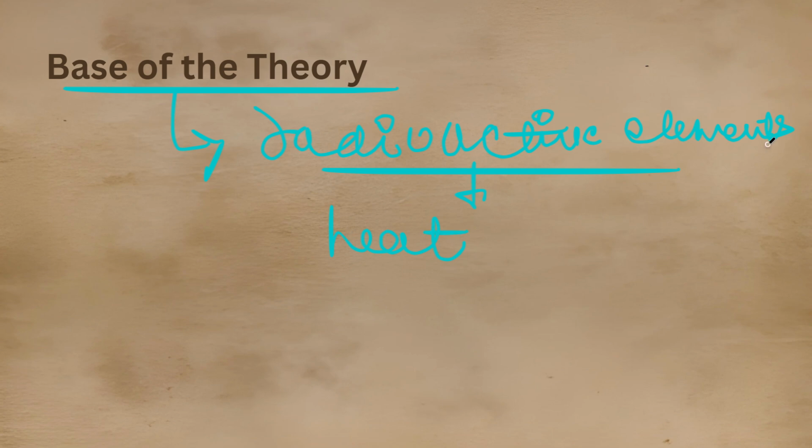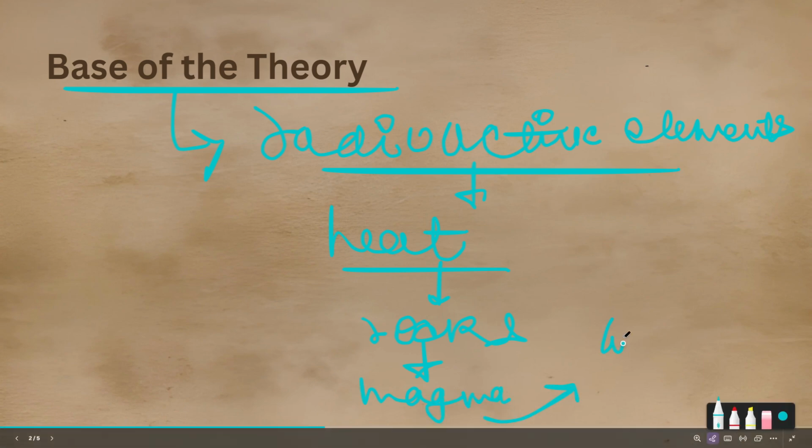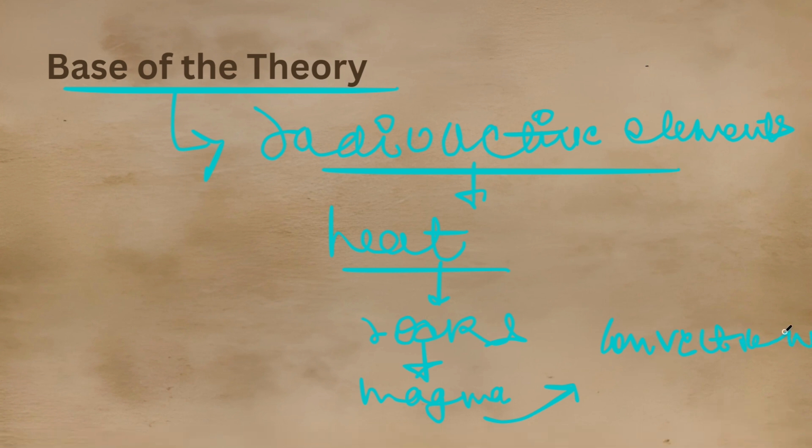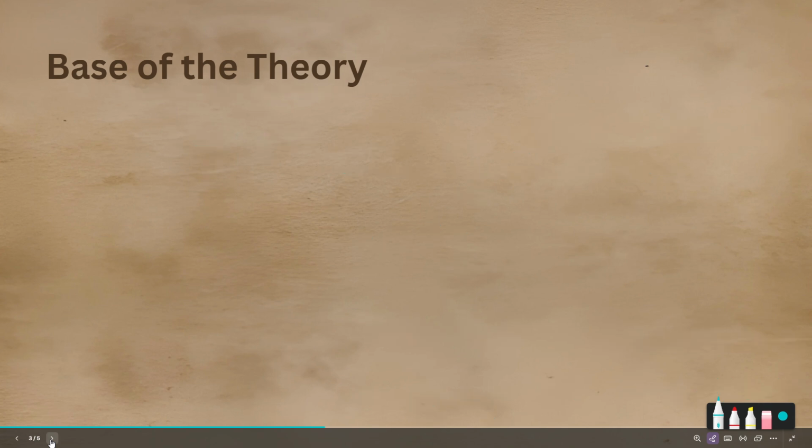These radioactive elements disintegrate and release heat. Heat converts the rocks into magma, and that magma causes the convection current. And this leads to the formation of the mountains. How? Not by the convection current alone, that we will see further.